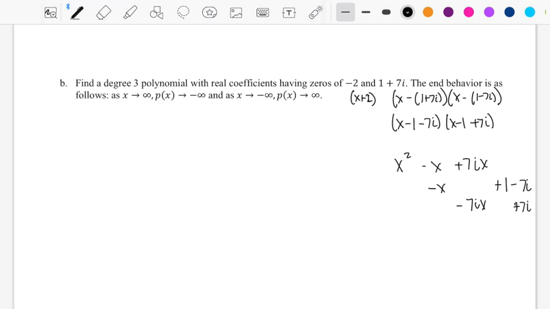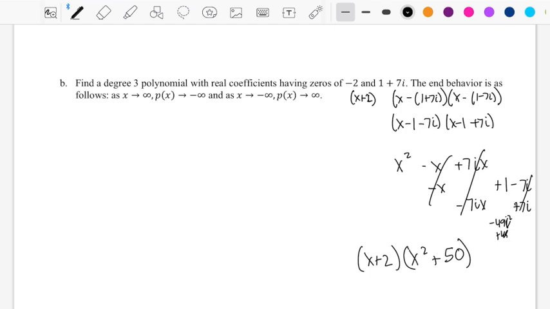And lastly, we have a negative 7i times positive 7i, which comes out to a negative 49 times i squared, which is really a plus 49. So these cancel. We're left with x squared. And then we've got plus 1 plus 49, which is x squared plus 50. And we still have our x plus 2, of course.